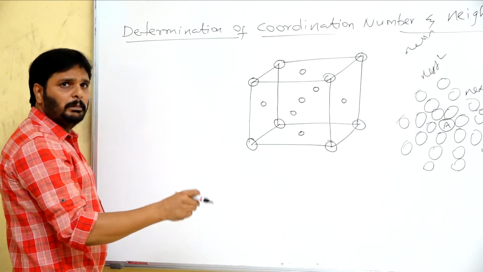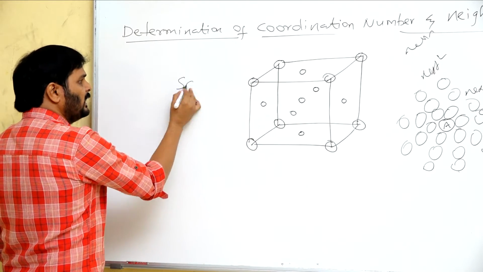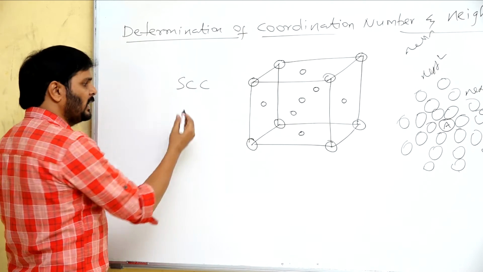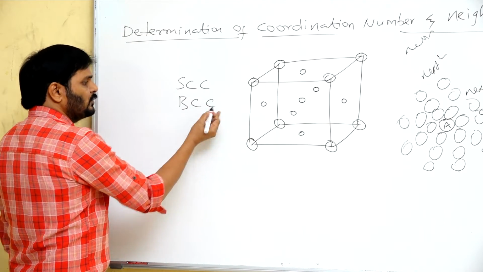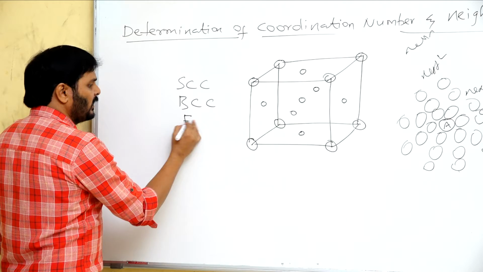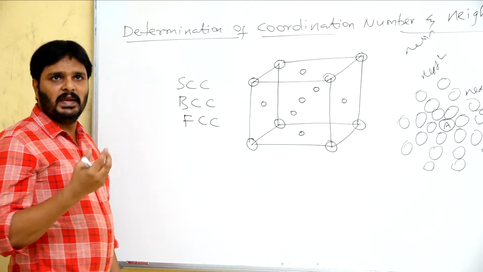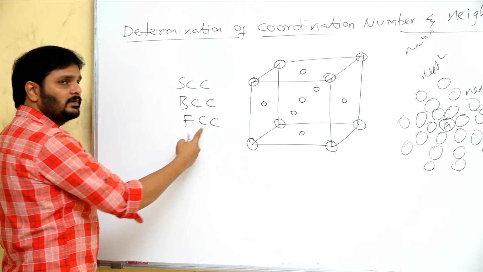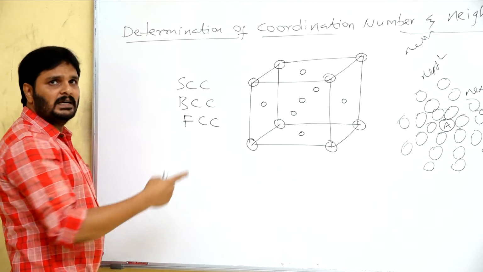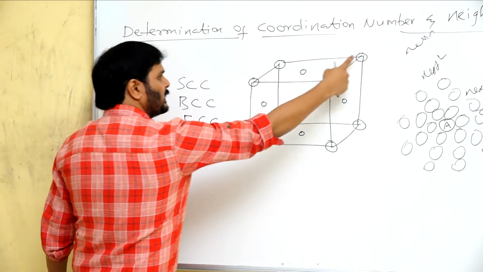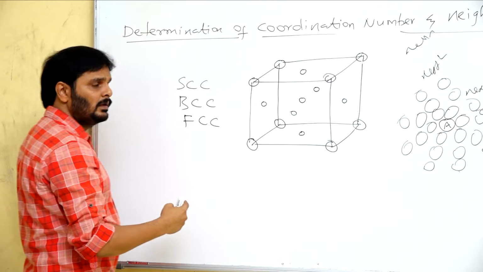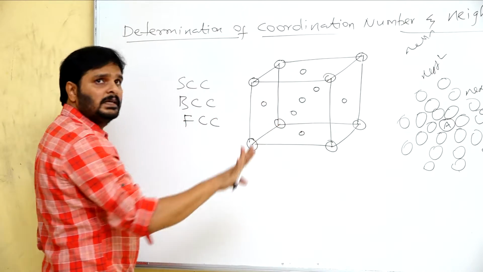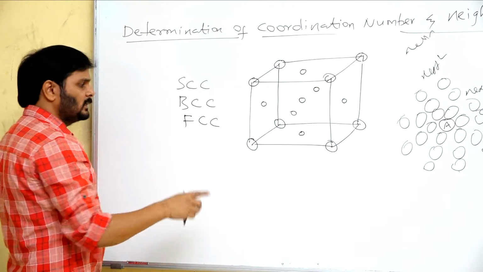Now, this is a basic representation for any cubic lattice: simple cubic lattice, body centered cubic lattice, or face centered cubic lattice. A simple cubic lattice structure has atoms located only at corners, and none on face centers or the body center.